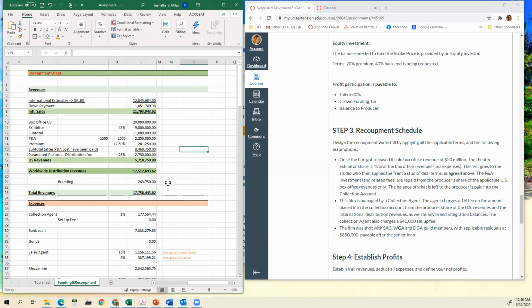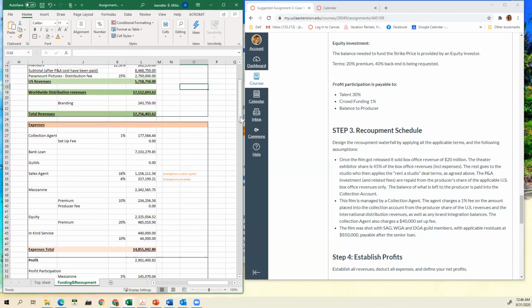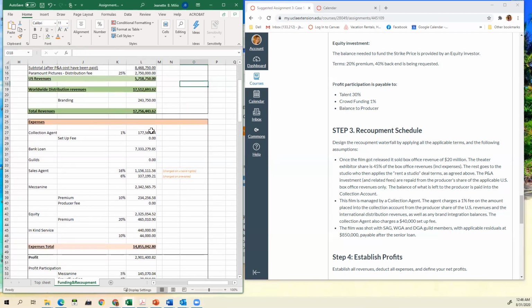The second part here is paid, and now our total revenues are $17,756,443.62. And now let's look at all our expenses. We have to pay, obviously, our collection agent 1% of whatever hits the collection account, which in this case is the $17,756,443 number.